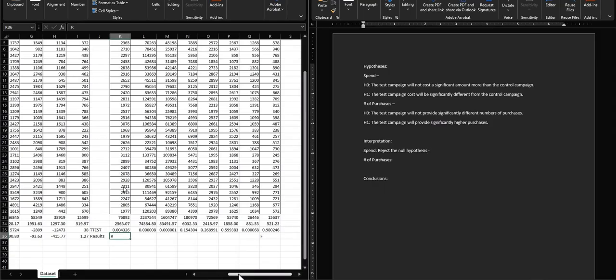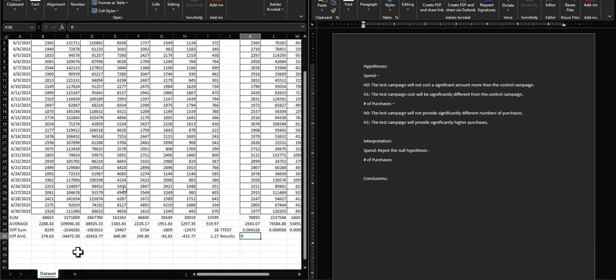And then I'll go ahead over here. Now this is a very simple way to do it. There's more complex ways to do this, but just a super easy way is just to look at my differences here. And so it was this minus this, and since this is a rejected hypothesis, that means that we spent a significant amount more on this campaign, the test campaign, than we did the control campaign.